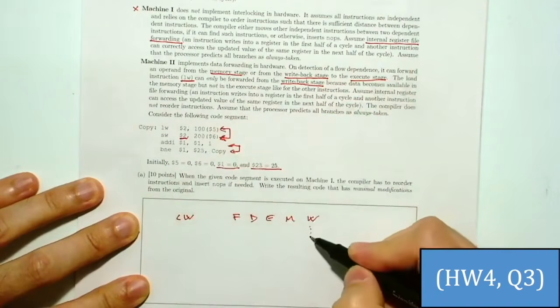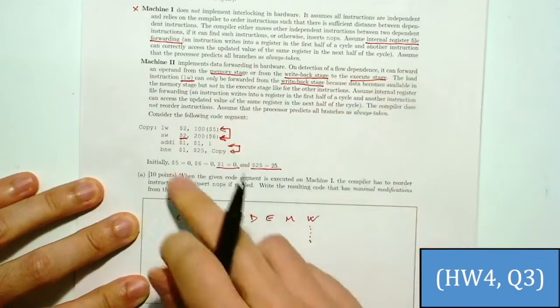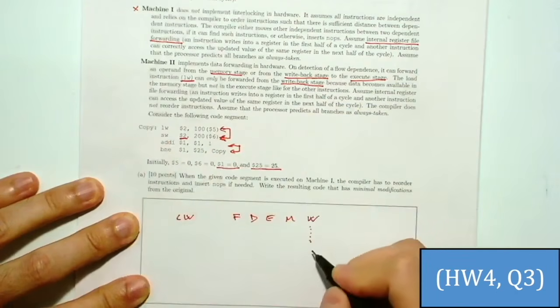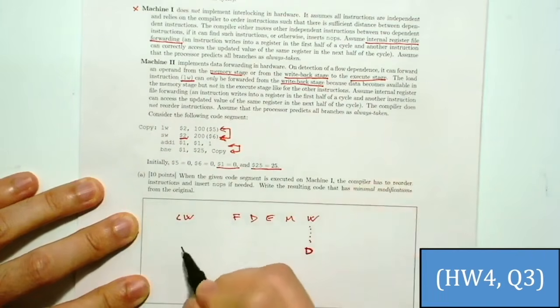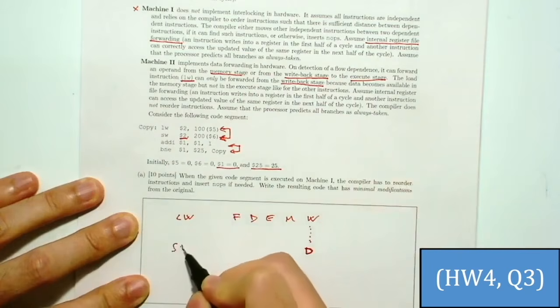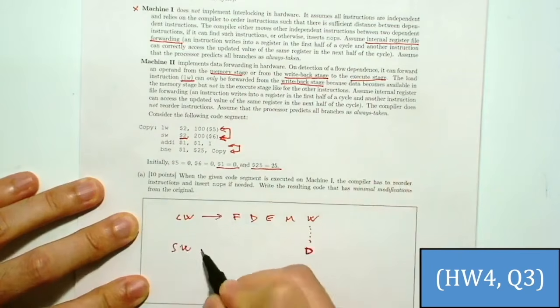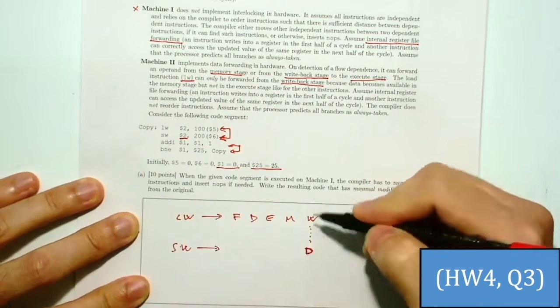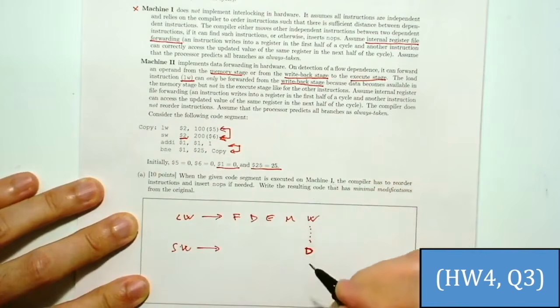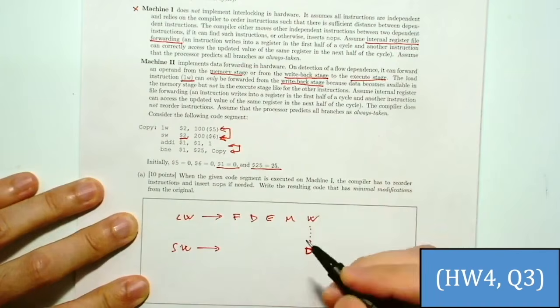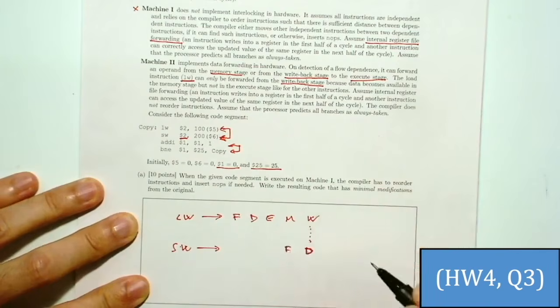At this point, in the write back, we can read from the store, and we read registers in the decode stage. So we can do this. This is the load instruction, and this is the store instruction. So the best we can do is have the store here. So this is decode. This should be fetch.